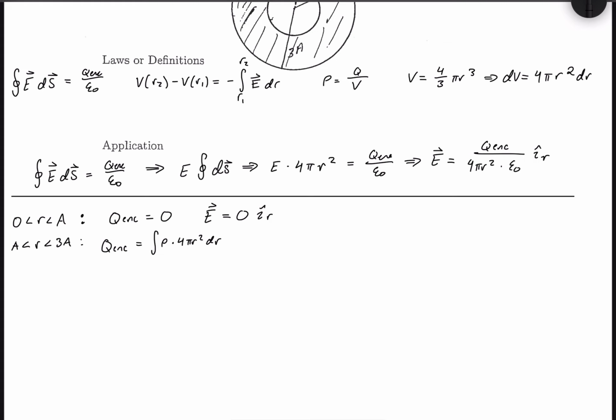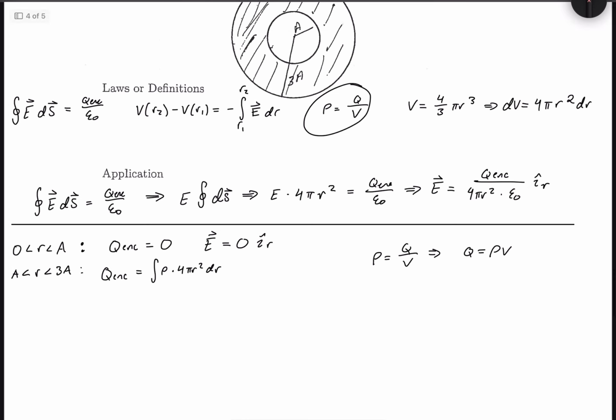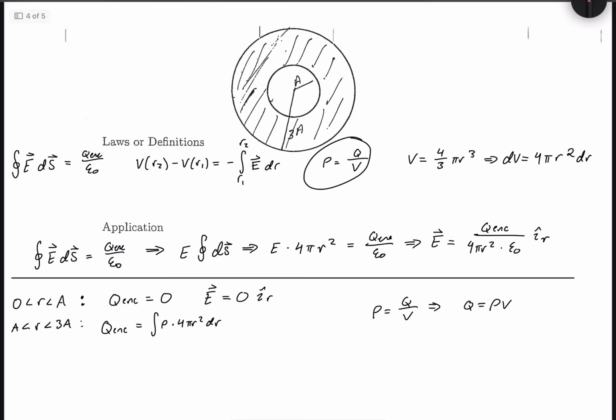Where I got this from is that rho equals Q over V, but this can also be written as charge equals rho times V. That's the linear form of this concept, but since we are integrating over a region, we need to integrate over volumes.